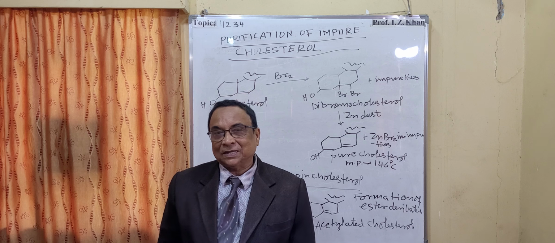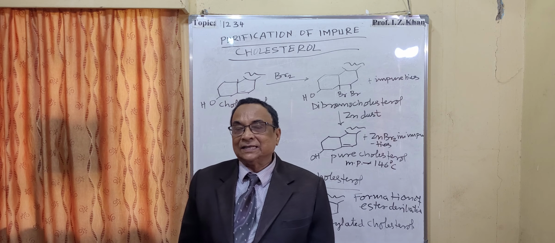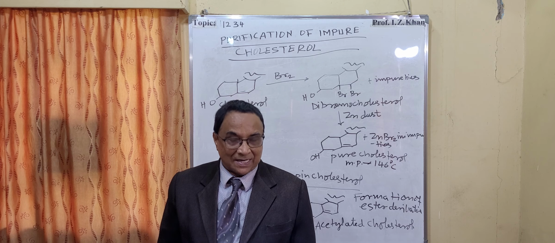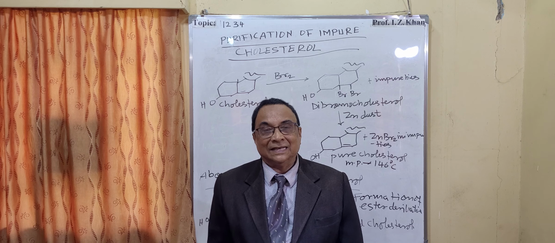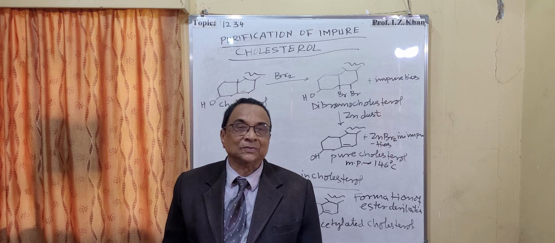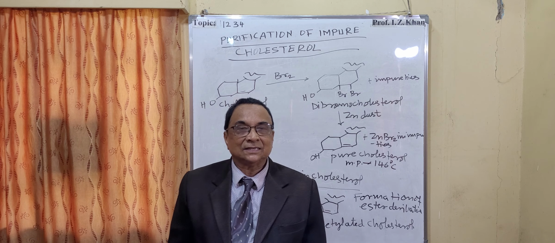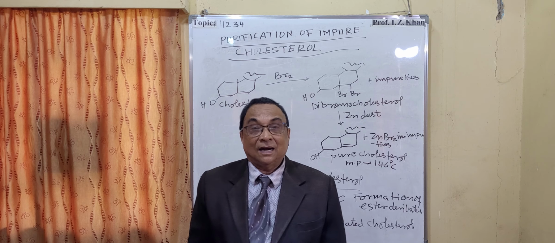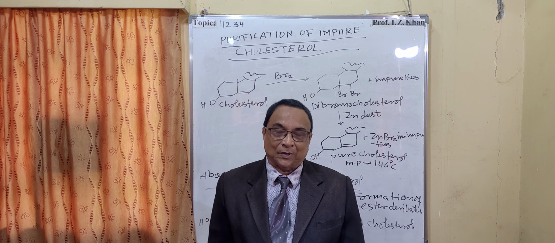Once it is treated with acetic anhydride in the presence of pyridine, it is converted into an ester in the form of acetate, and this conversion of cholesterol into an ester confirms that cholesterol contains an alcoholic group, the hydroxy group, because if it were not alcoholic, the formation of the ester would not be possible.